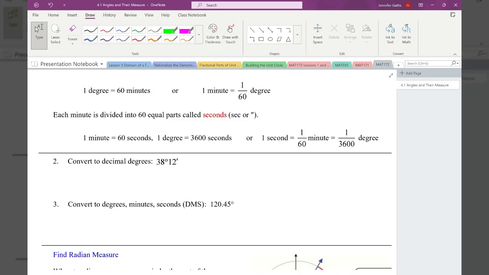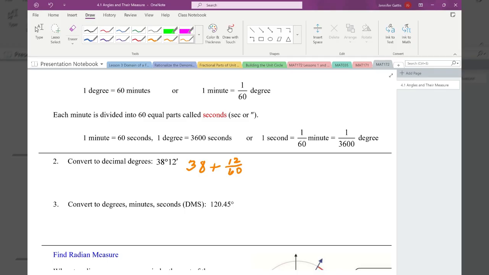So if we are going to convert 38 degrees and 12 minutes, we can change this and say, okay, so this is 38, and because it is 12 minutes, we have 38 plus 12 over 60.